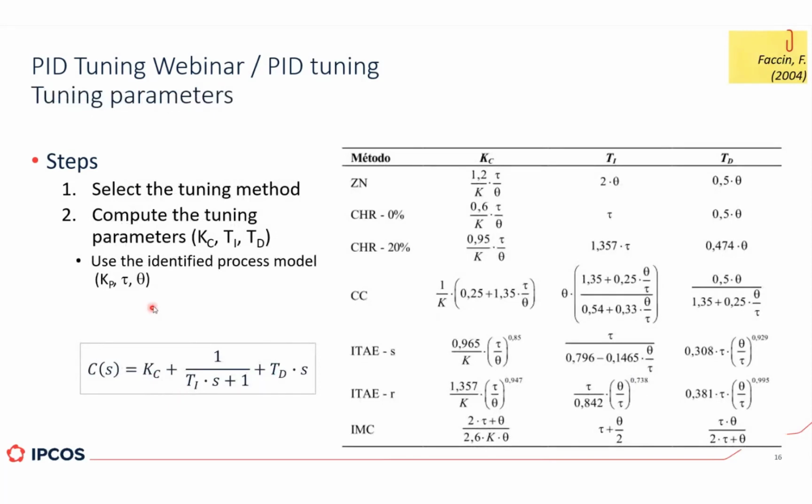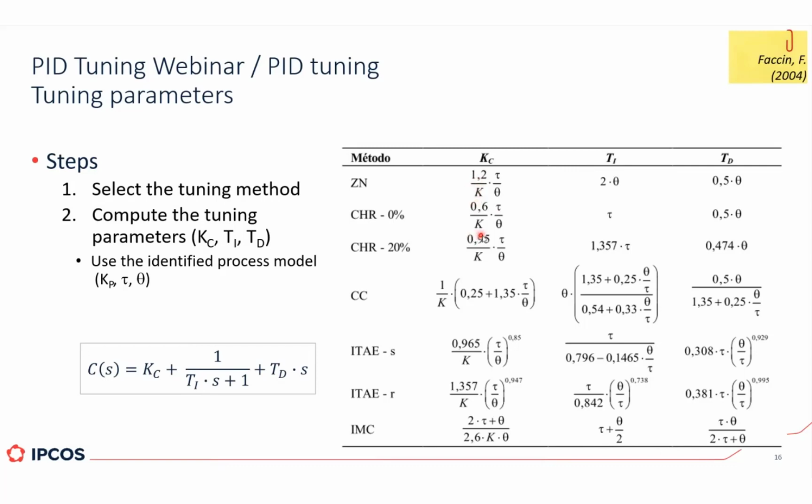So once we have the model, we can select a tuning method, a tuning rule, and then compute the tuning parameters based on the rule that we want to use. Here we have a table with different methods, and it's clear to see that for all methods, the gain will always be the inverse of the plant gain, right?